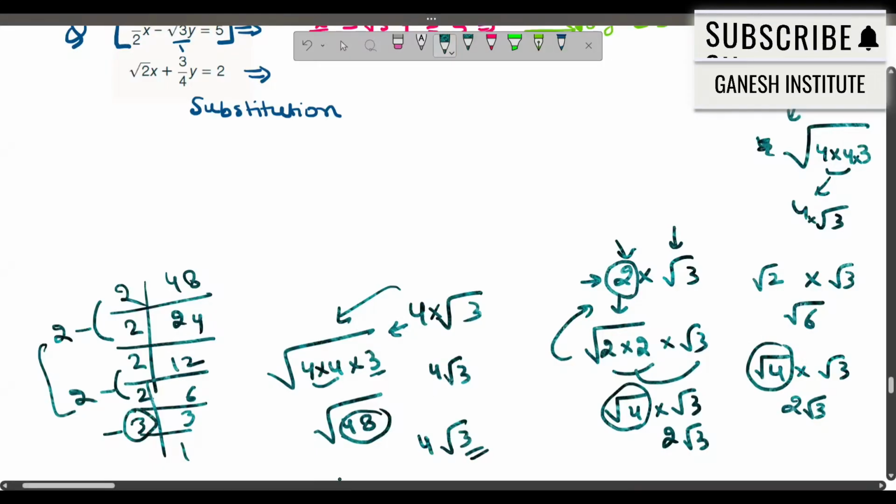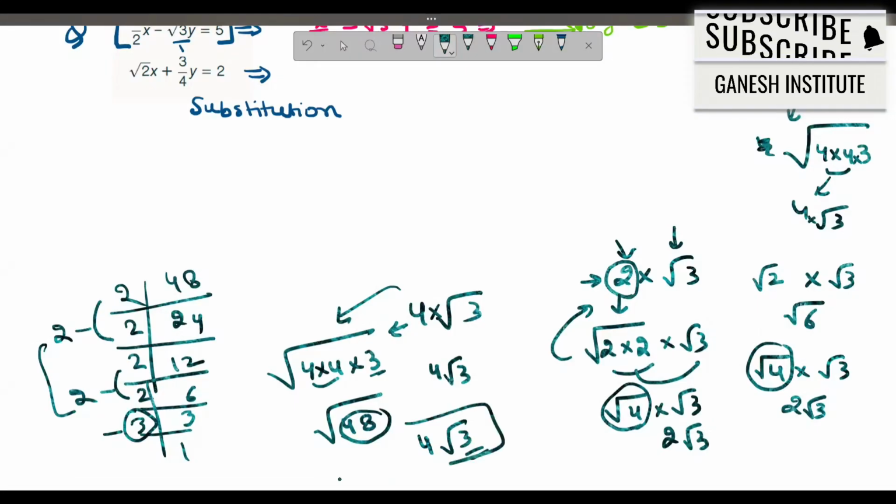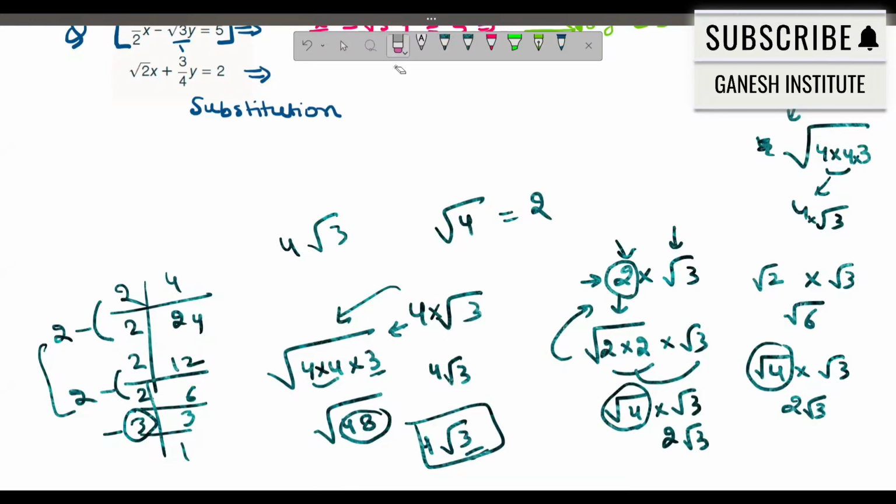Okay. And then you could simplify 4 root 3 into 2 root 3, correct? No. If I would be having 4 in the square root, then only I could make it 2. It is 4 without square root. So it will be 4 root 3, right? Okay. 4 is not in the power.